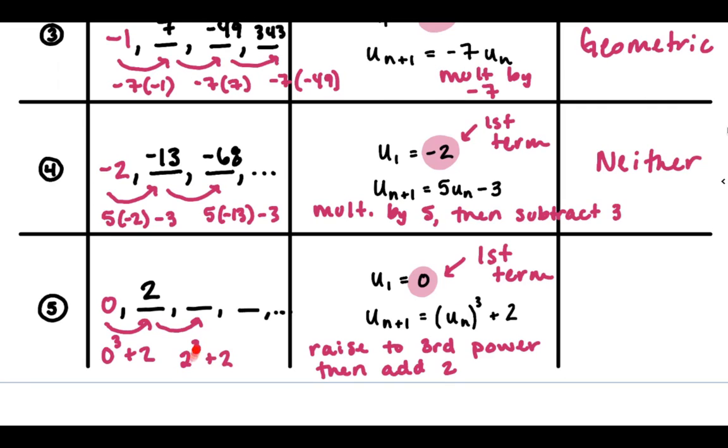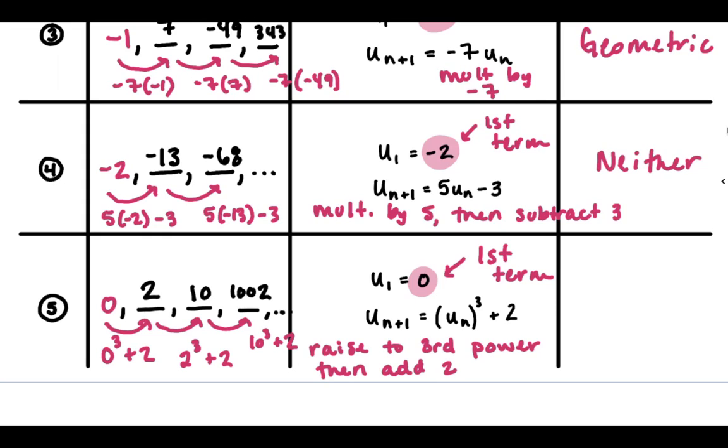So 2 to the third is 8, plus 2 is 10. Last one. To get from 10 to the next term, we're going to do 10 to the third power, and then add 2. 10 to the third is 1,000, plus 2 is 1,002. And so on. You could keep going.